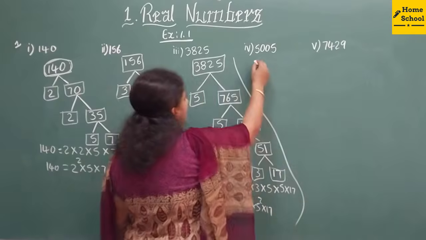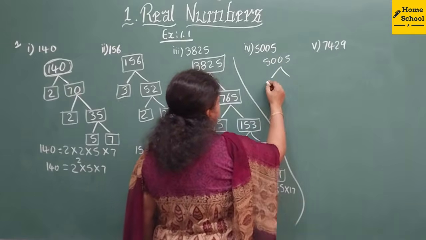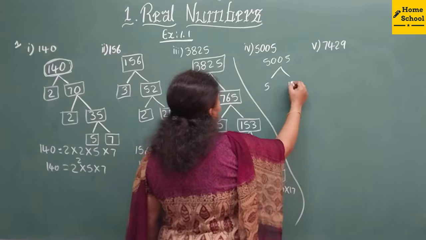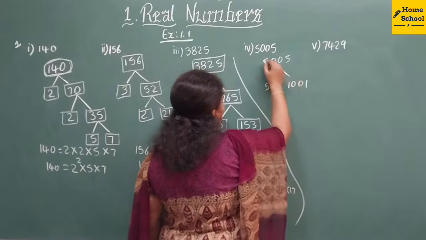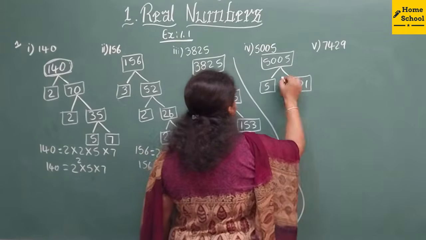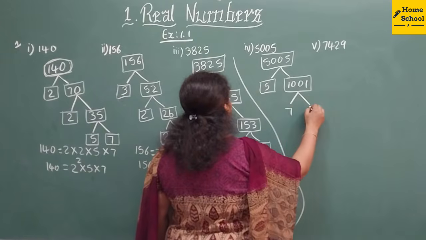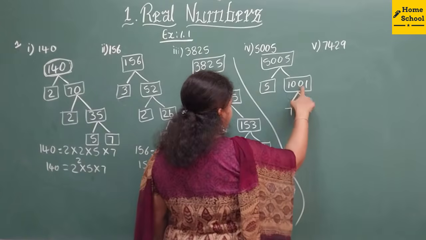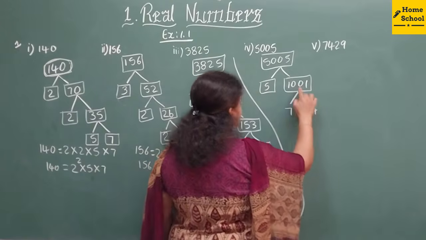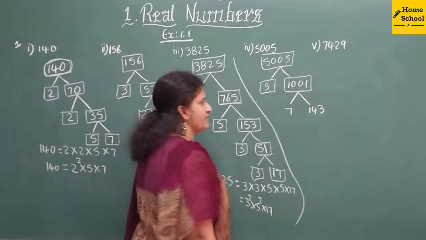Next problem. 5005. With the 5 table, 1001. Okay. Then this one: 7 ones are 7, 30 left, 7 fours are 28, 2 left, 21, 7 threes are 21.